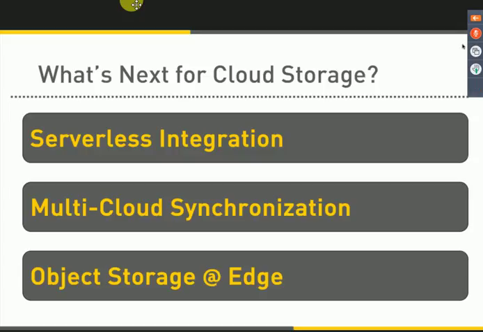And multi-cloud synchronization is also becoming one of the important trends. So once you upload data to a specific cloud provider, because of the compatibility, S3, because it's one of the very early services, and there are many tools built in the ecosystem, that has almost become like the standard.